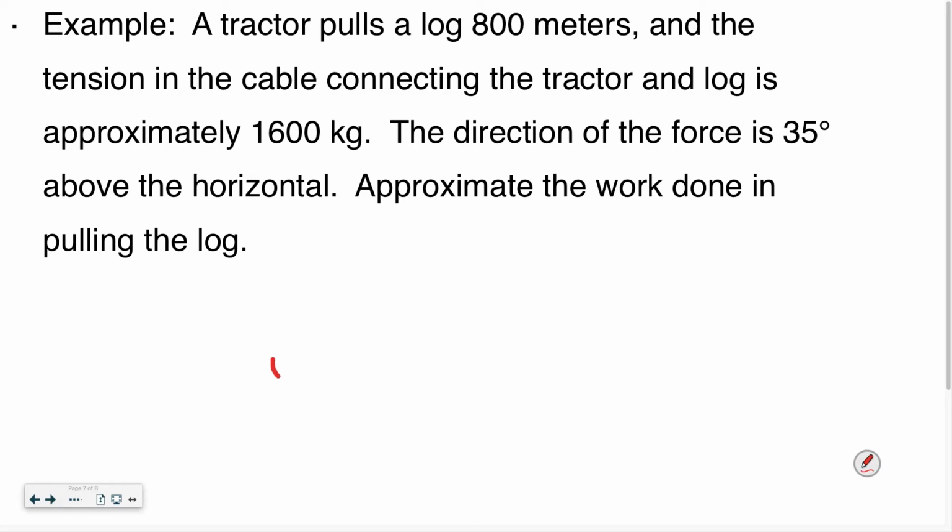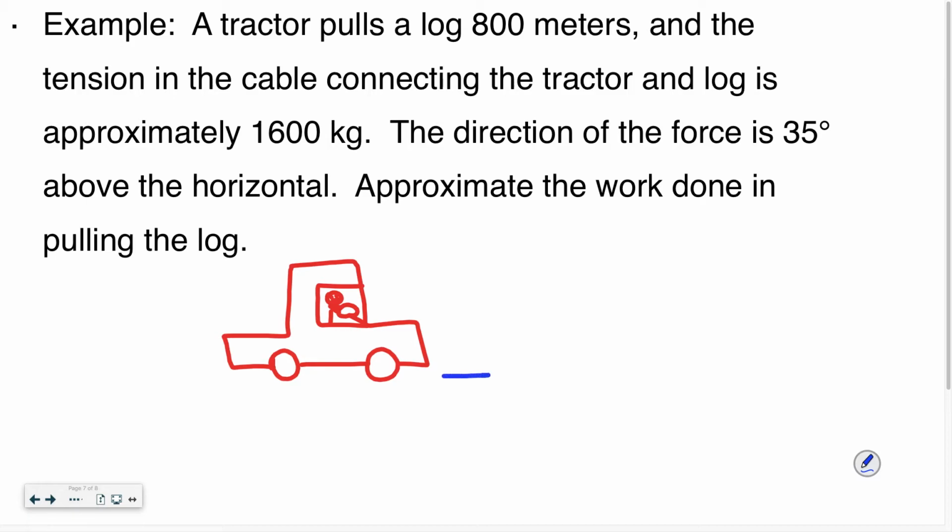So, with every good word problem comes a picture. Okay, here's my tractor. And he's driving, well, that was supposed to be horizontal. He's in Nebraska. Those poor farmers right now.